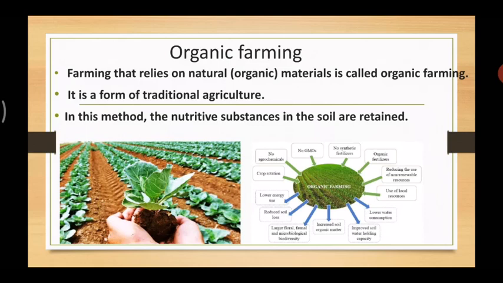Natural, because you get it from nature. In this method, the nutritive substances in the soil are retained, that means got back. This farming avoids or largely excludes the use of synthetic inputs like fertilizers and pesticides, etc. So natural fertilizers are always good as compared to chemical fertilizers because we get them from nature.